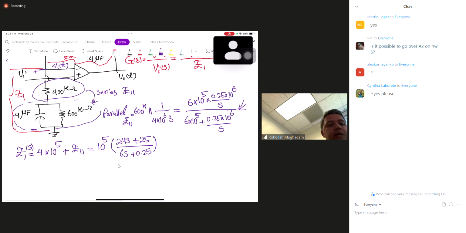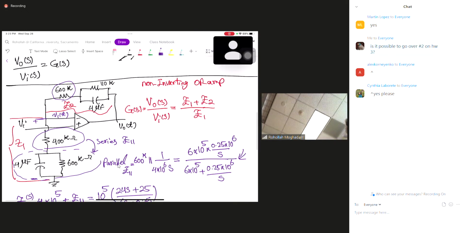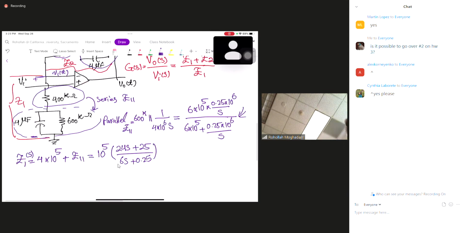The same thing happens for Z2 of s, because Z2 of s has a 600K part, which is in series with a combination of the parallel.